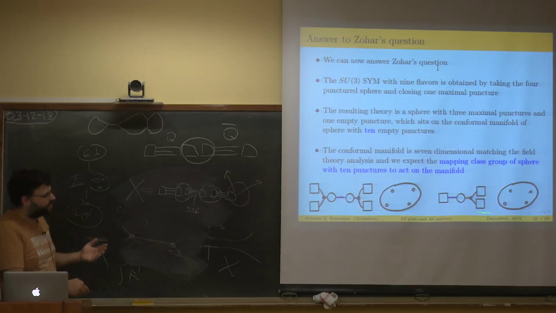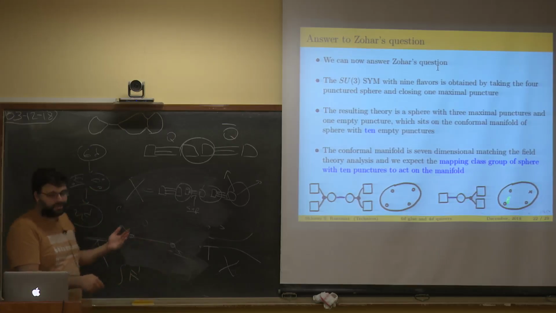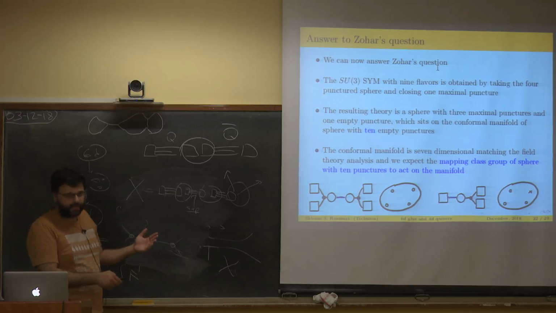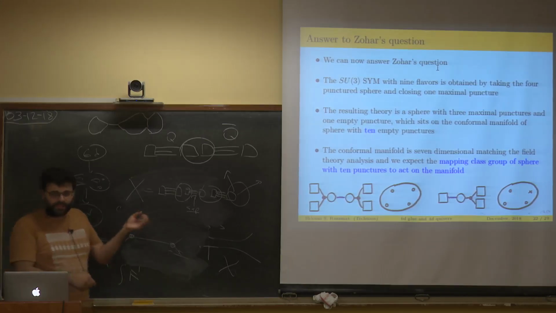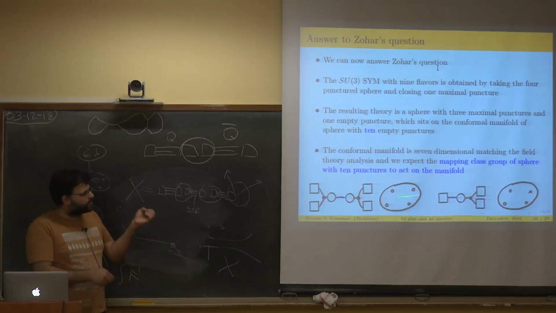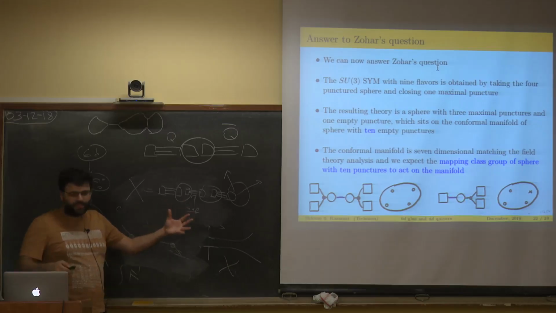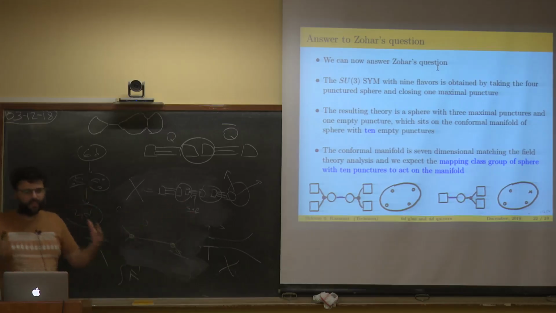The theory that this corresponds to is 3 maximal punctures and 1 empty puncture. But from what I just said, the 3 maximal punctures can be split into triplets of empty punctures. So the full conformal manifold of this theory is described by a sphere with 10 empty punctures.